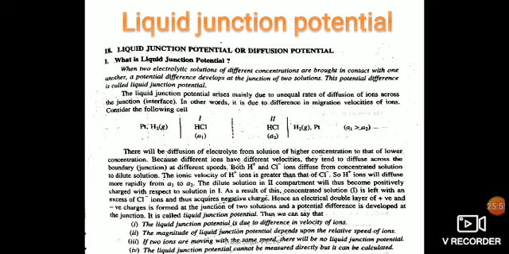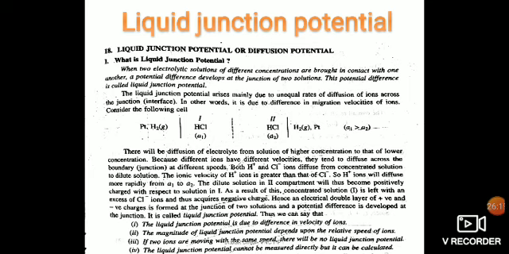Now, the concept of liquid junction potential. When two electrolytic solutions of different concentrations are brought in contact with one another, a potential difference develops at the junction of the two solutions, and this potential difference is called the liquid junction potential. It arises mainly due to unequal rates of diffusion of ions across the junction.